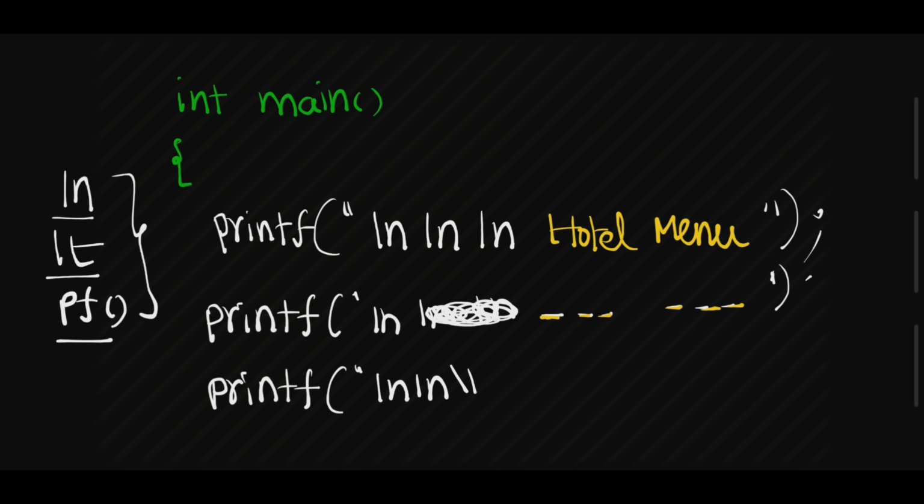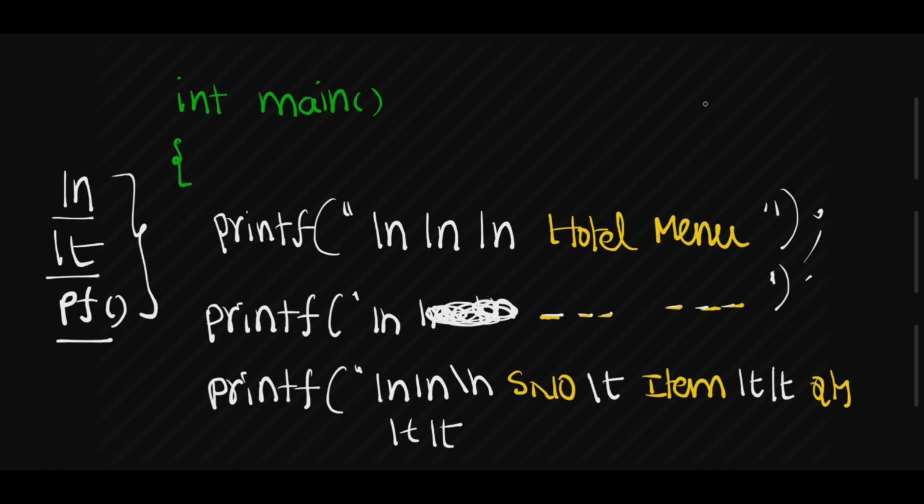The first one is the serial number, followed by backslash t, followed by the item, backslash t, then quantity. Again backslash t and price. This is the way we define the line.